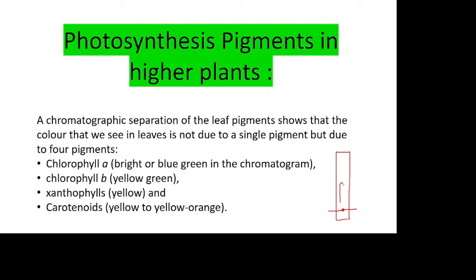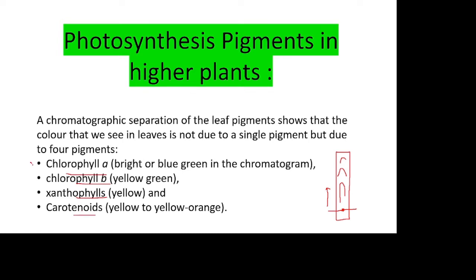Then we will obtain different colors on this paper, either blue green, yellow or yellow orange, based on the speed of their movement. So chlorophyll A, chlorophyll B, xanthophylls and carotenoids, these are the pigments.